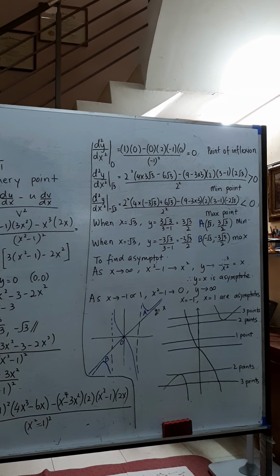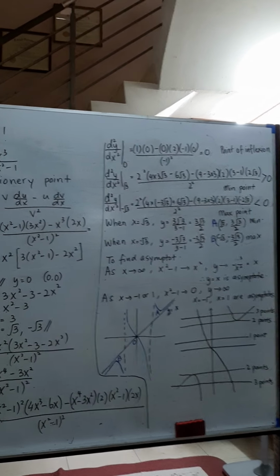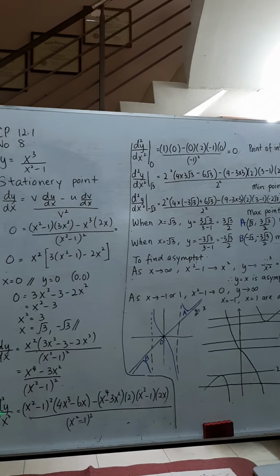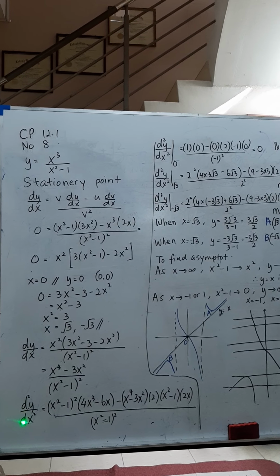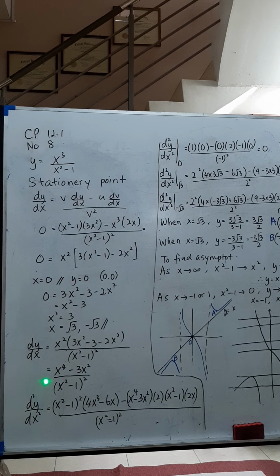In terms of determining the nature, I'm going to need to do the second derivative, d²y/dx². In order to differentiate dy/dx, I need my complete dy/dx. So I'm going to take my dy/dx from here to here, simplify it, then differentiate it.